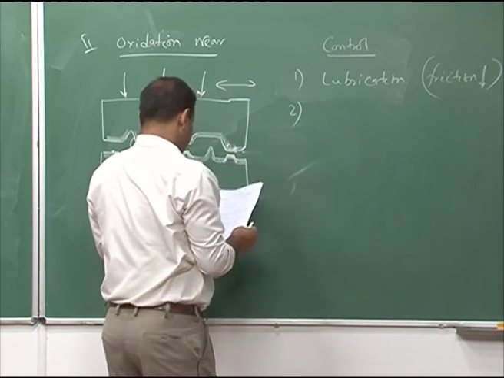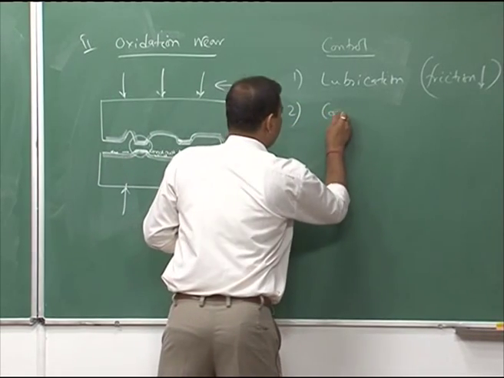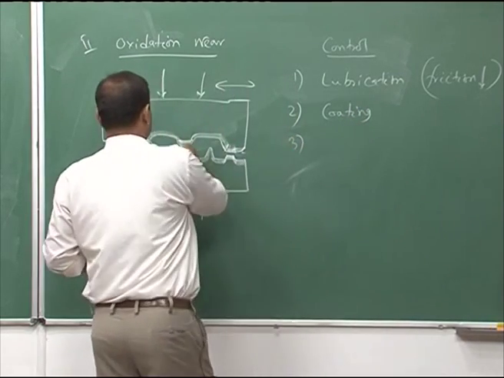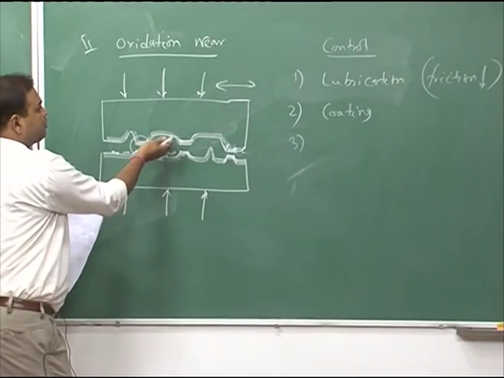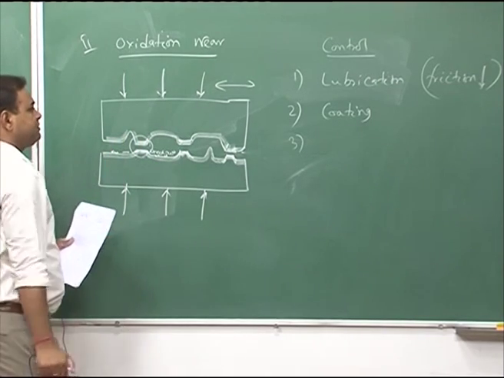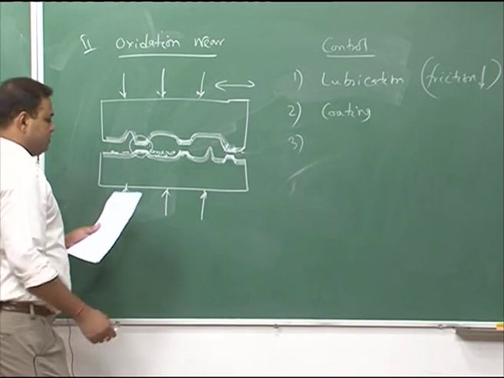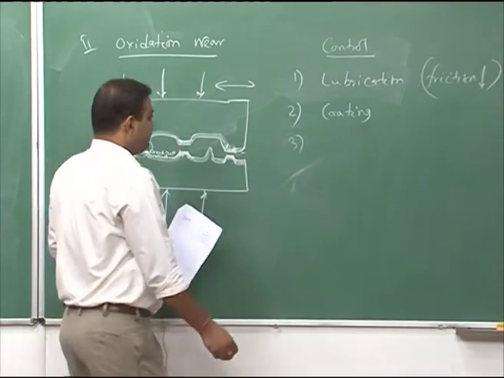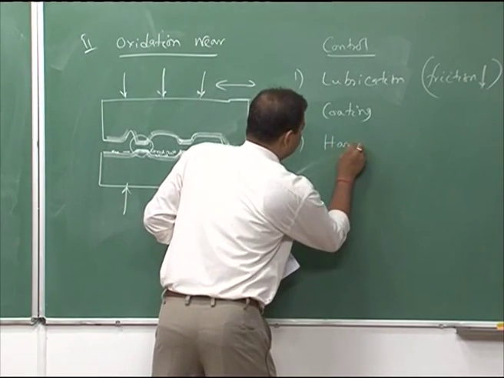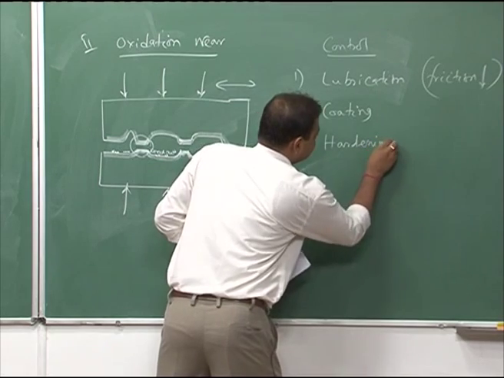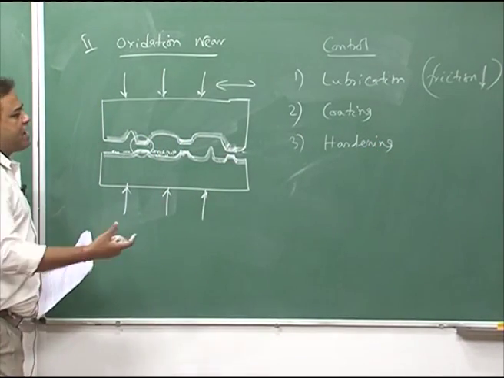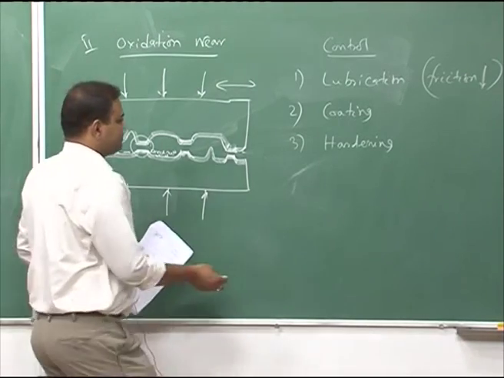Second case would be coating, proper coating to impart resistance to the friction force. Then we can also go for hardening between these two contact surfaces, so that we can have better wear resistance.